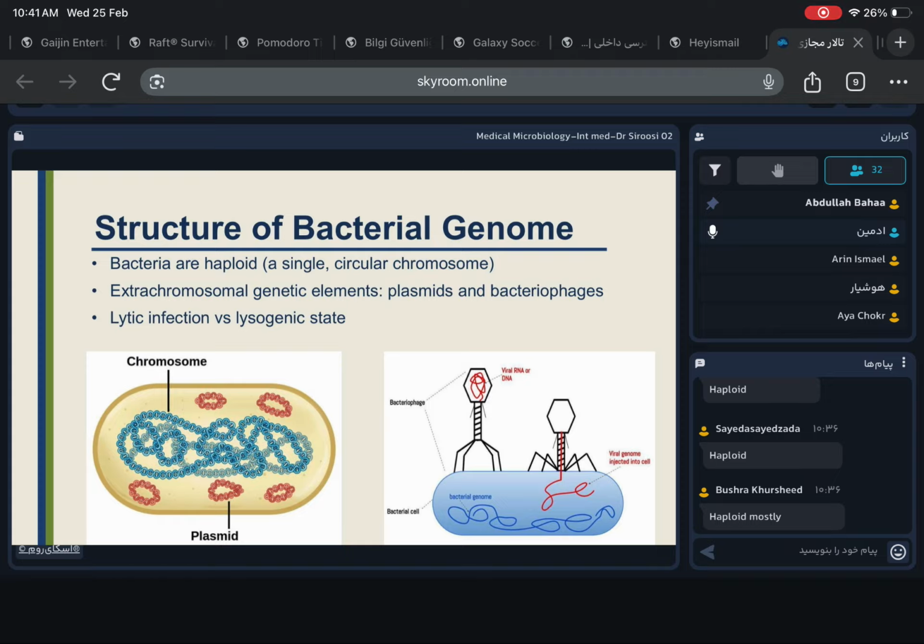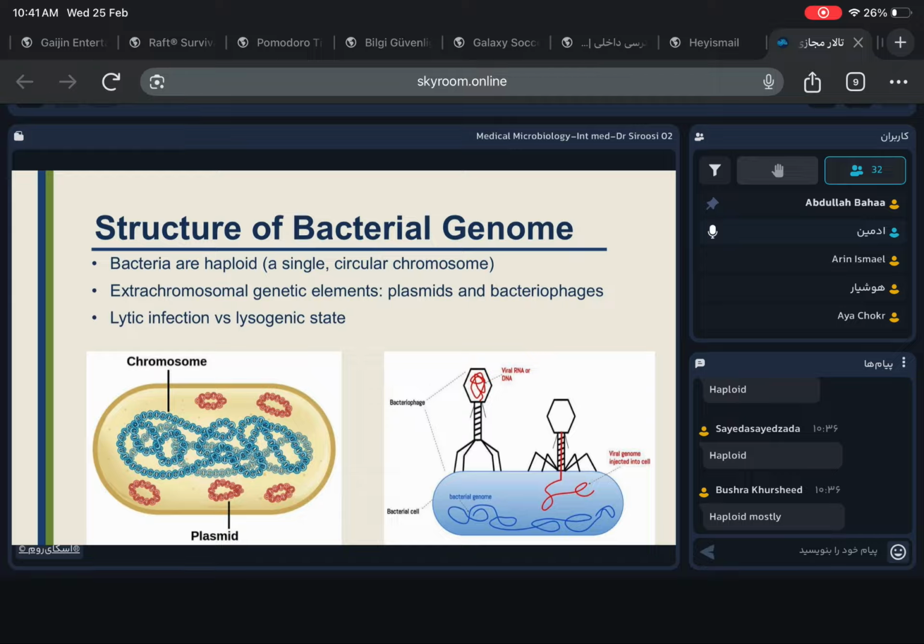And finally, they kill the cell and get released into the environment, and they can find another host, and this cycle repeats. So this type of bacteriophage infection is called lytic infection.